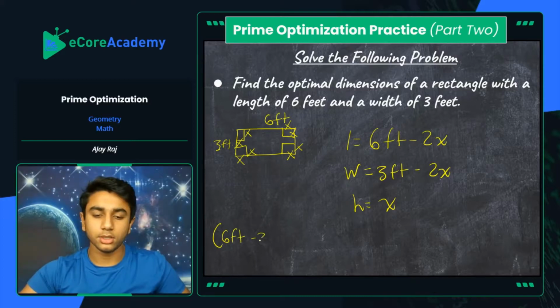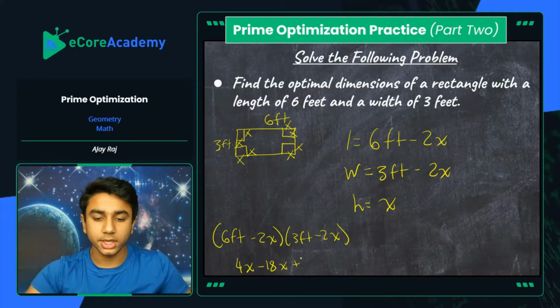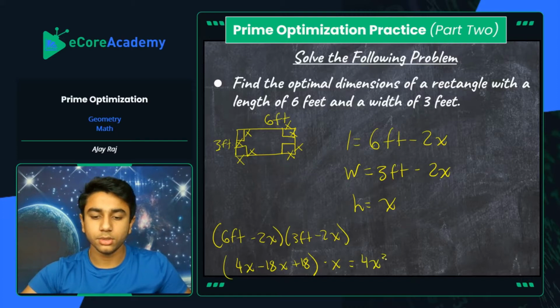So we have 6 feet minus 2x and 3 feet minus 2x. We're going to multiply those two together first, which gives us 4x squared minus 18x plus 18. Then we're going to multiply it by our x value, and we get 4x cubed minus 18x squared plus 18x.